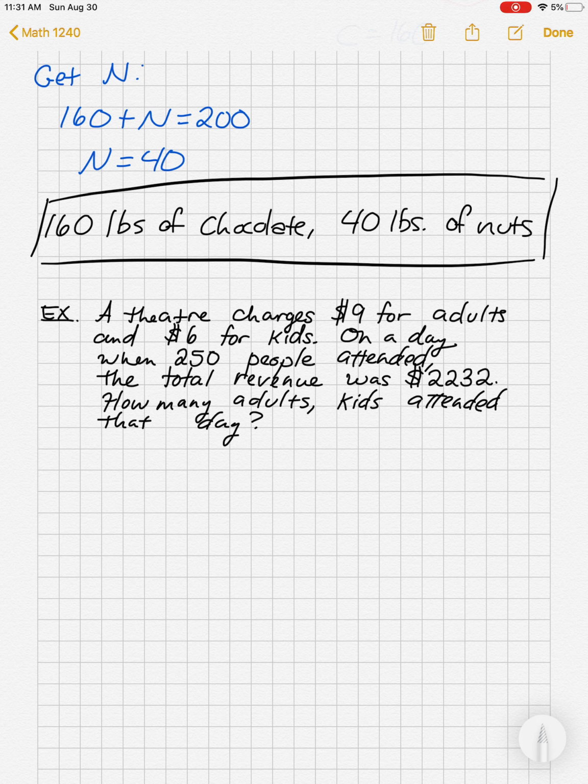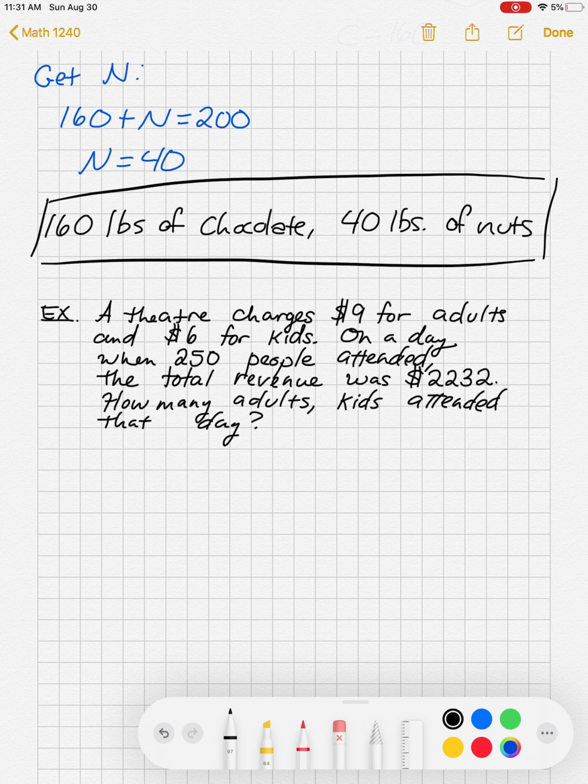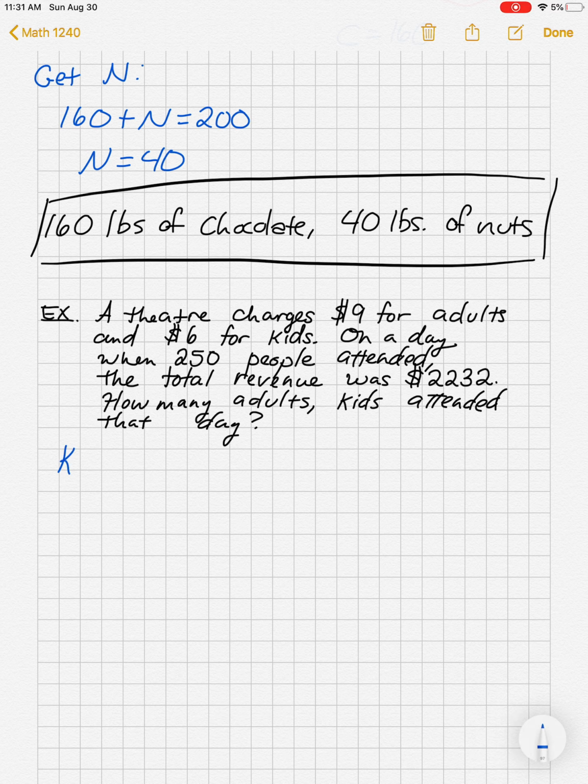A theater charges $9 for adults and $6 for kids. On a day when 250 people attended, total revenue was 2232. How many adults, how many kids attended? So let's see our variables.